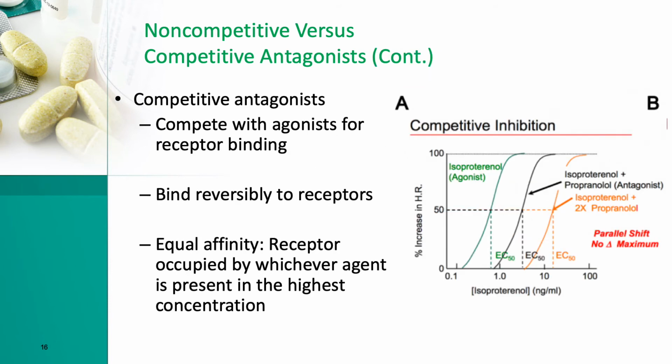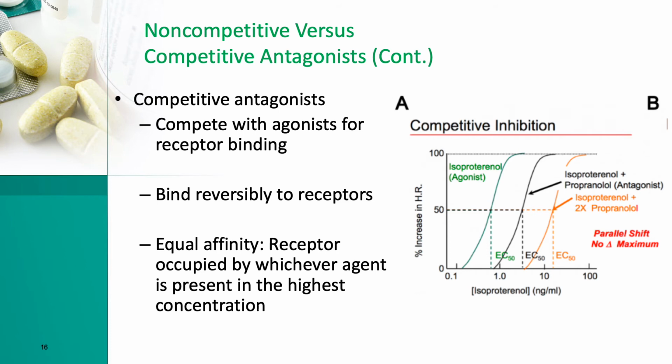Competitive antagonists bind reversibly to receptors. Competitive antagonists produce receptor blockade by competing with agonists for receptor binding. If an agonist and a competitive antagonist have equal affinity for a particular receptor, then the receptor will be occupied by whichever agent, the agonist or antagonist, is present in the highest concentration.